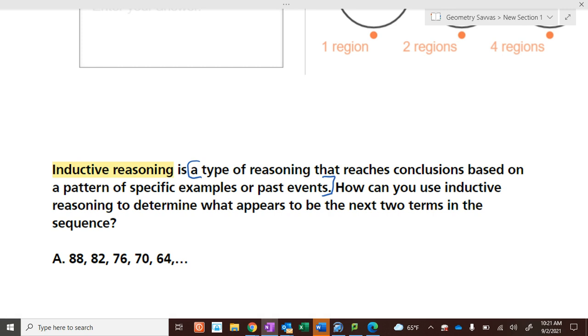So, inductive reasoning is a type of reasoning we use every day. We see something in life and we make a guess on what will happen next.